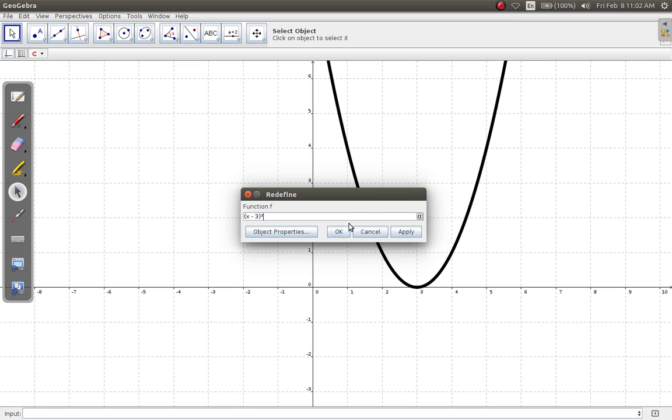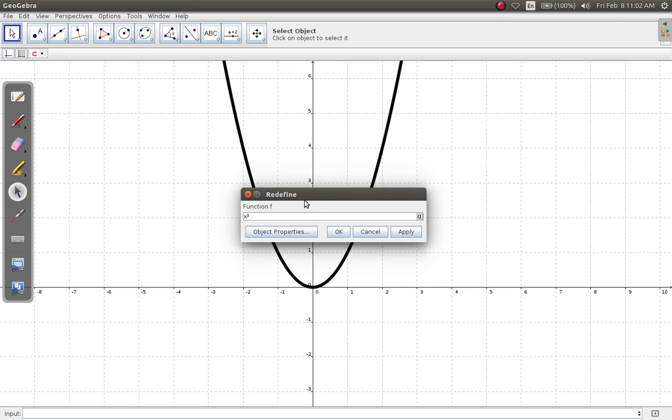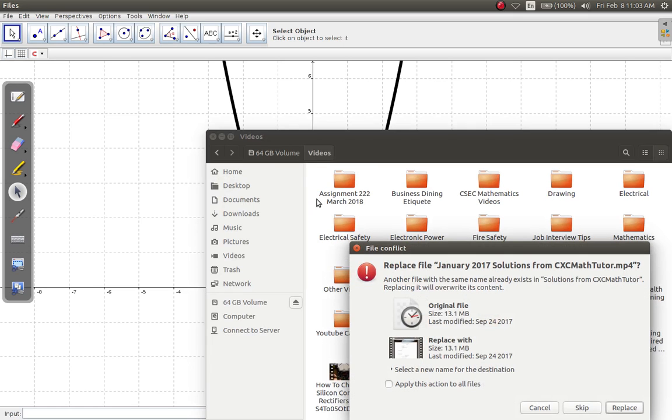Now, let's do a little thing. Let's go back to x squared, and I'm going to have the graph right in the center. This is x squared. I'm going to do both things.